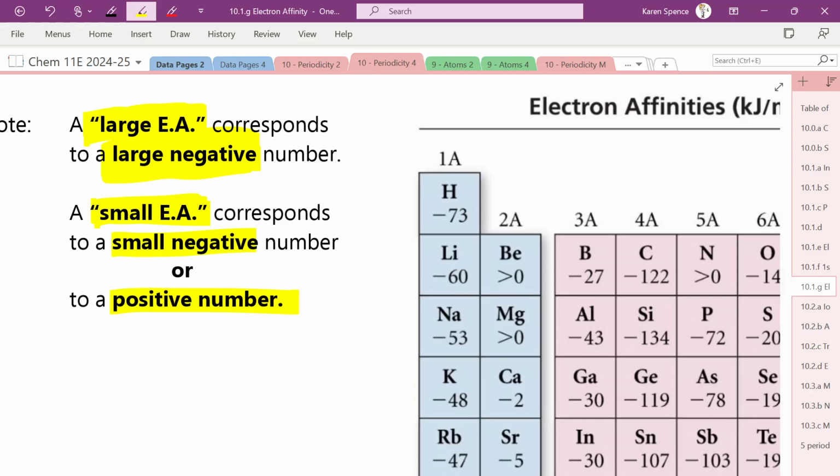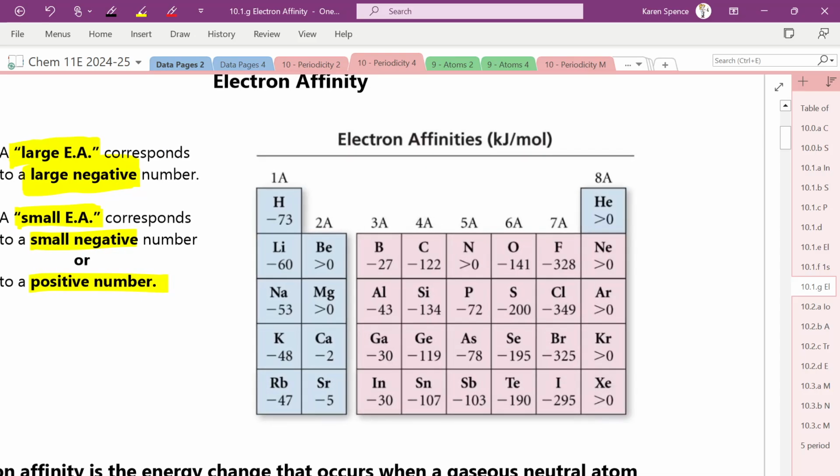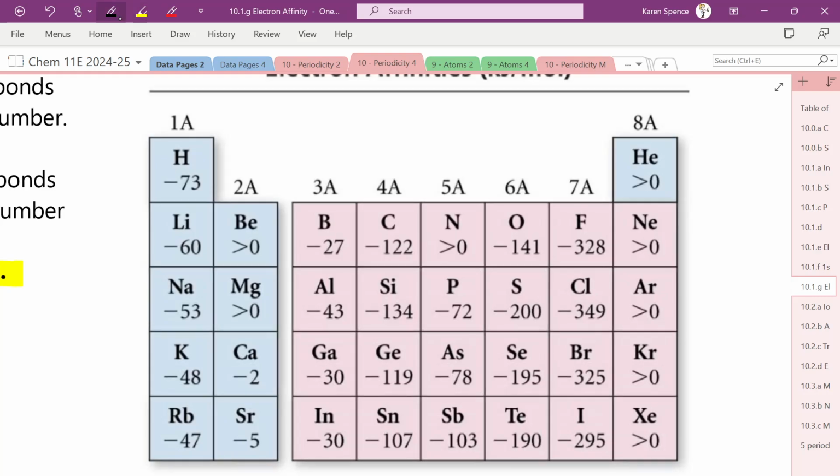So we can take a look at these, and you can see as we go across here, what is the general trend from group 3A to 7A? In general, we are getting a larger electron affinity. So as we go from left to right, the electron affinity increases.